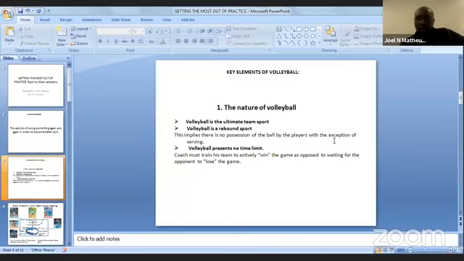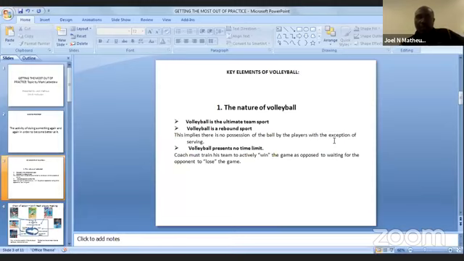Volleyball is very much characterized by the nature of a team, because it has a chain that is connected together that must be coordinated by the group of members.